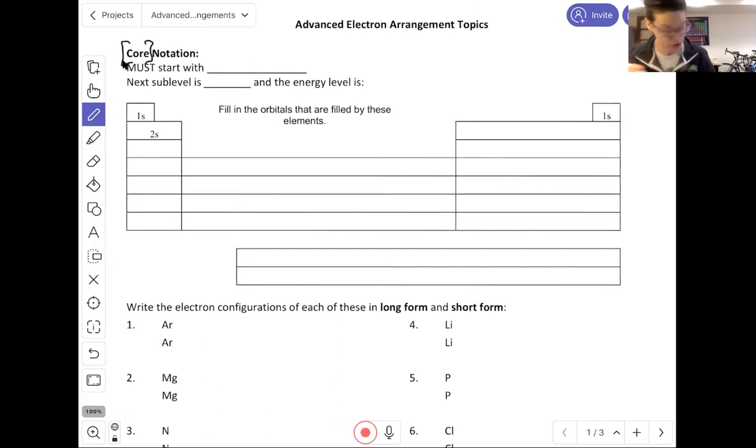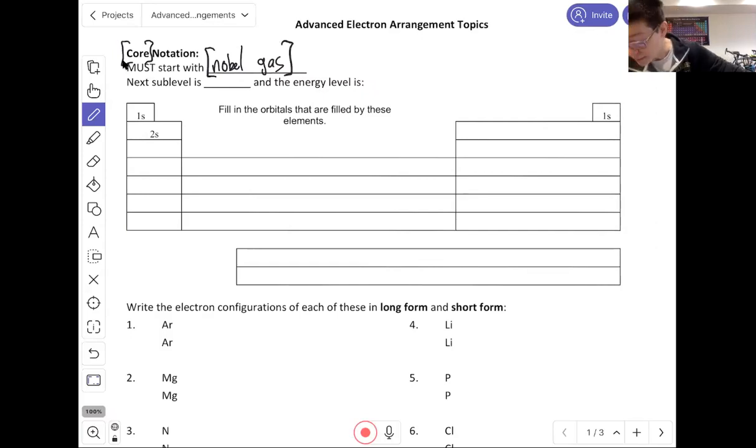You must start with a noble gas in brackets. So that's the thing about core notation, is it has to be noble gases. You can't just pick whatever element you want to do. That's not a thing. You have to pick a noble gas.